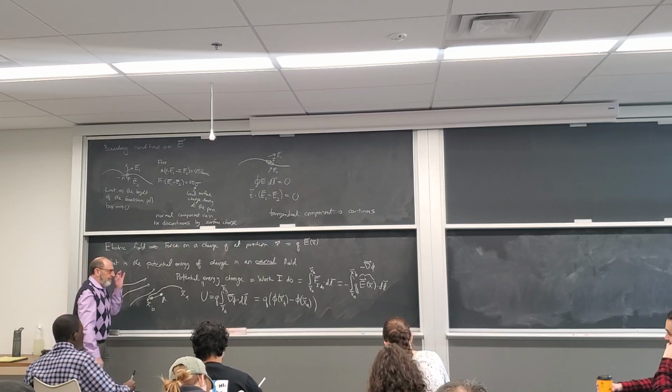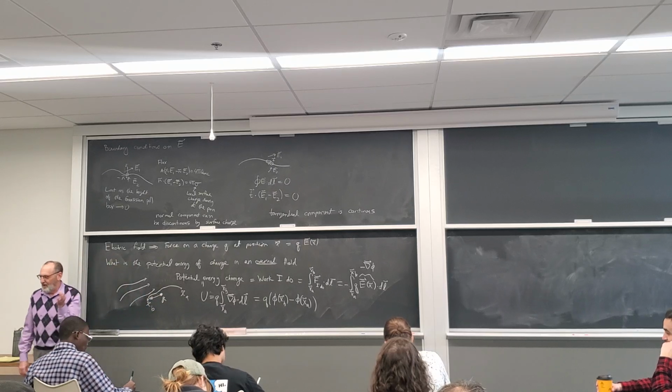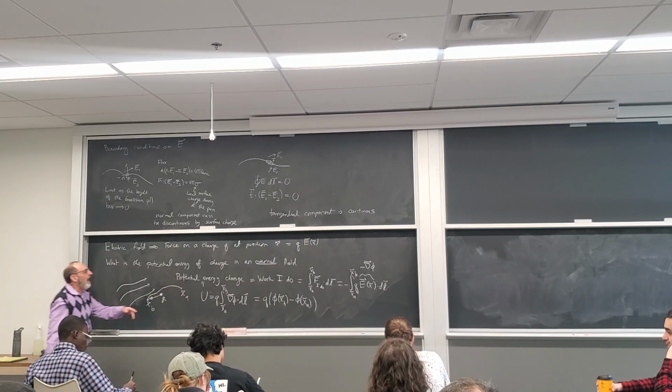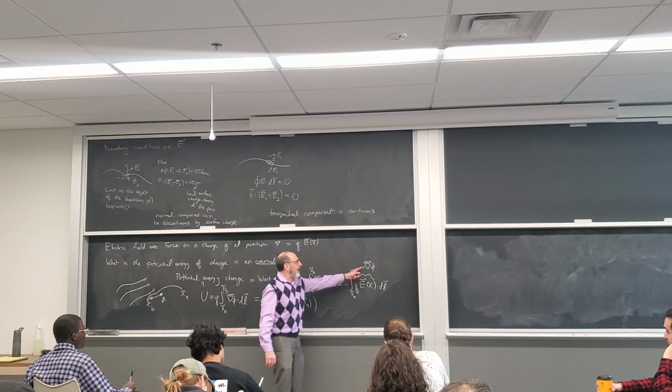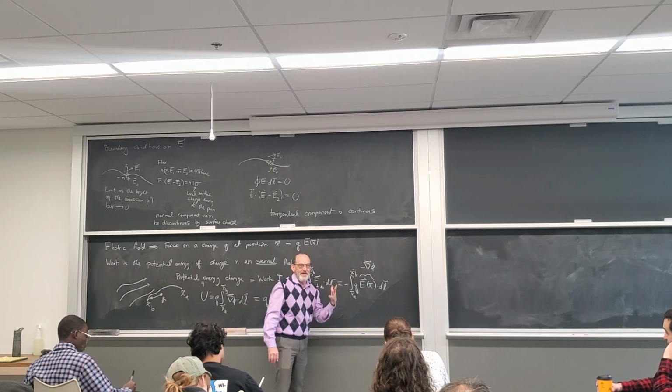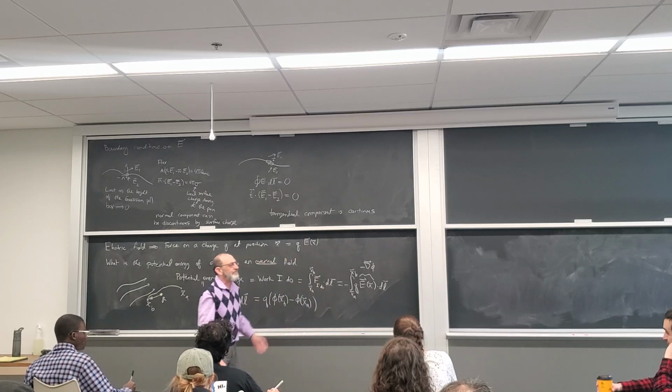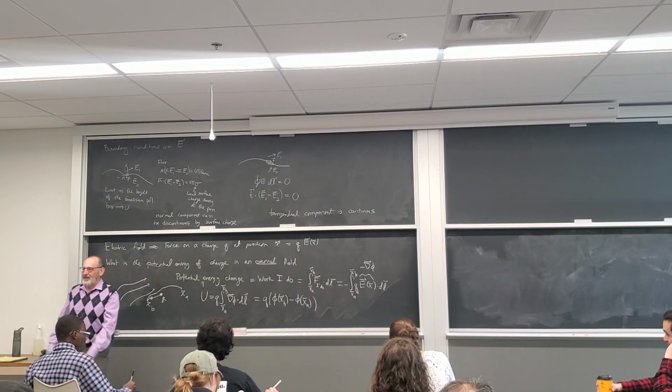Very basic stuff, but it's good to remind ourselves of it all. And this is why we define this with this minus sign, because it's the work I do. So that minus sign is put there to get rid of that other minus sign.